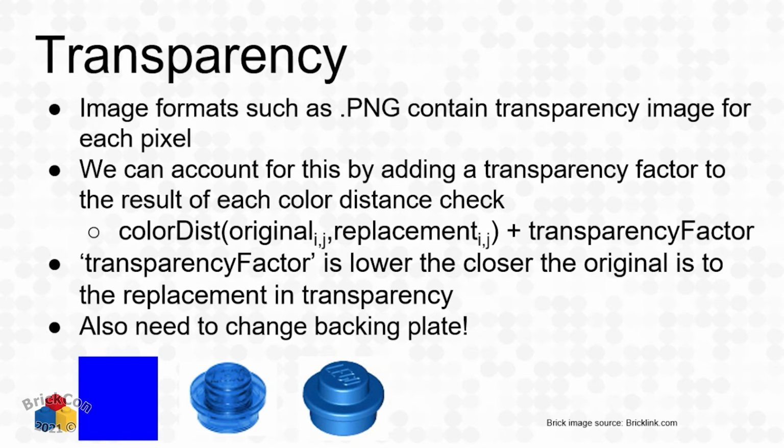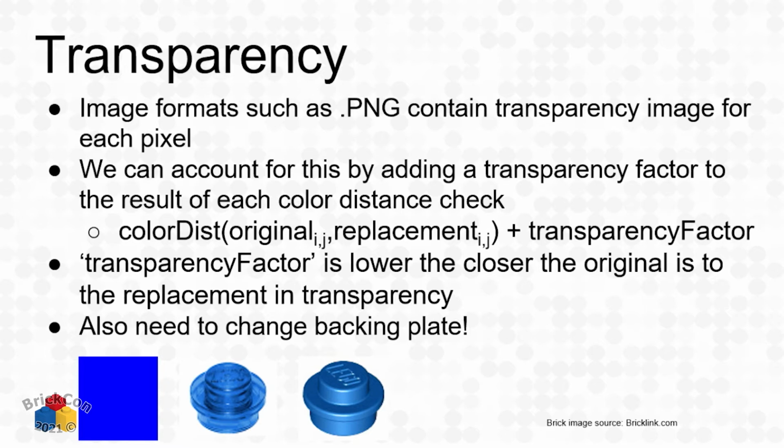So what we can do is account for this by adding a transparency factor to the original color distance. Basically, when we're doing the color distance calculation between the original pixel and the replacement Lego color, we do the normal color distance function without transparency, and then we add in a transparency factor.